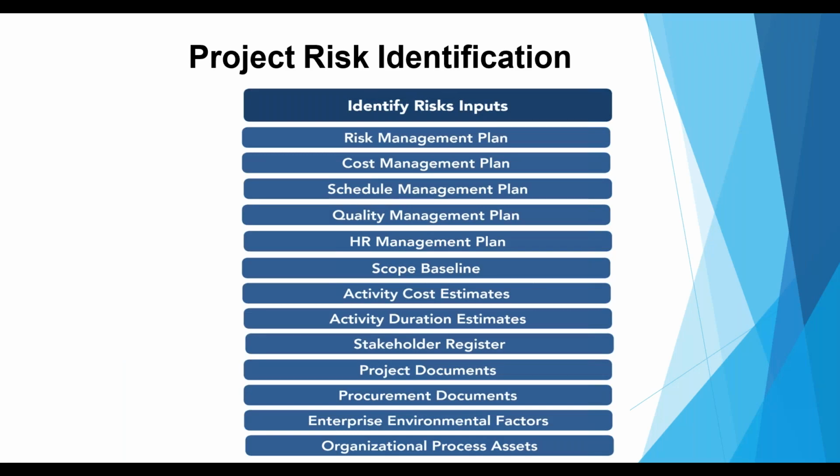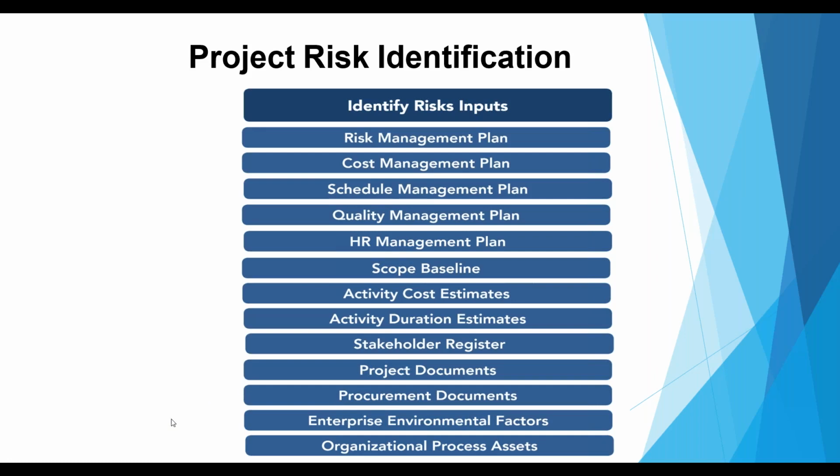These are some of the risk identification inputs. These are the documents where you can gather or extract the information or data for the risk identification exercise. Starting with the risk management plan, which we discussed, there are also the cost management plan, schedule plans, quality documents, and HR management plan.